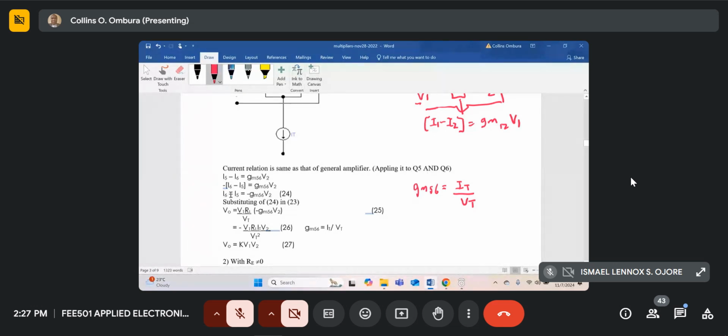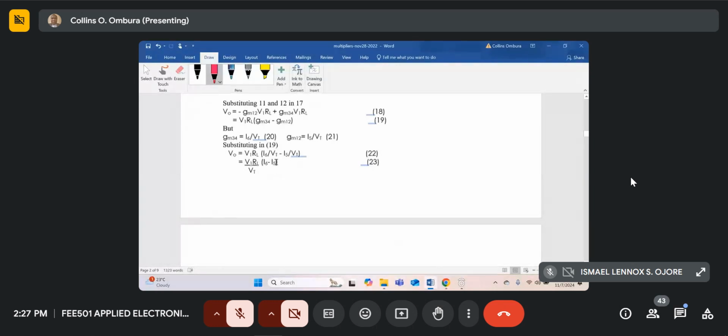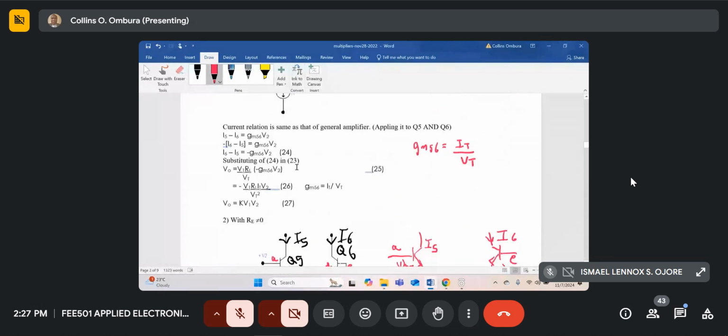So I6 minus I5 is minus GM56 into V2, and now I substitute it in this equation 23 over here. So instead of I6 minus I5, I'll write minus GM56 into V2 in 23 here. So that is what I've gotten here, equation 25.